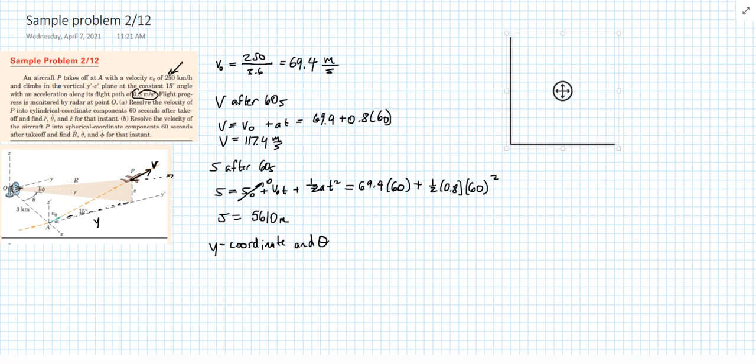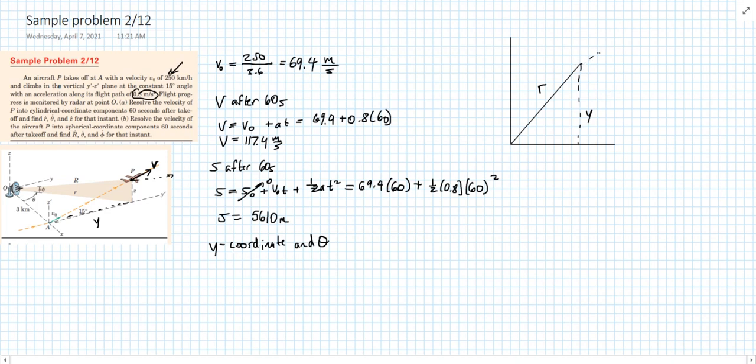So we have our plane here, and this is our r, which we're going to need to calculate our coordinates. This is going to be y, which we're trying to find.